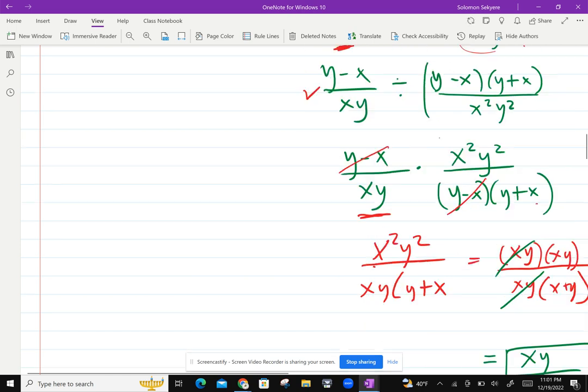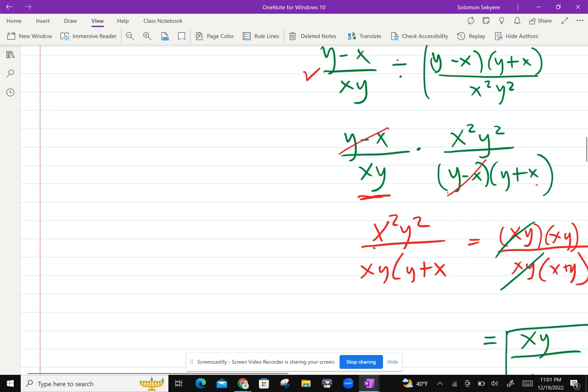When you do that, what happens? This y minus x cancels this one over here. What else happens? You see this x squared y squared is the same as xy all squared. That means it's xy times xy. That's what it means, this one right here.